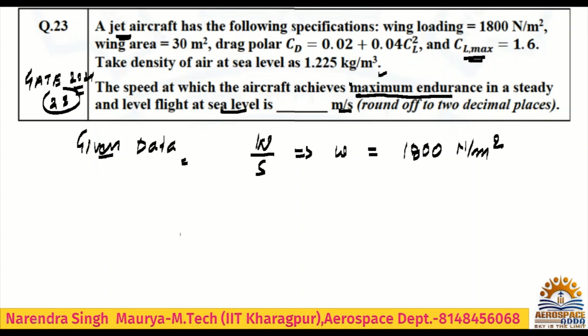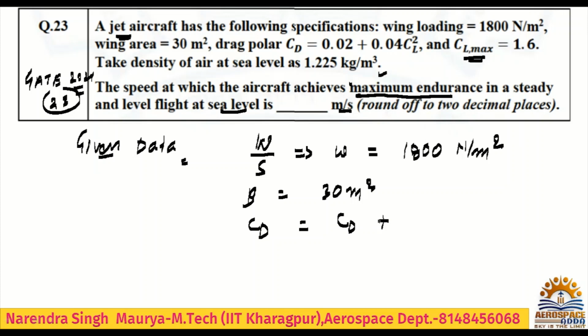Now wing area is also given separately, that is S, 30 meter square. And drag polar, as in the last lecture I explained what a drag polar is. Basically you write the parasite drag and induced drag, and one relation is developed, which is called drag polar.